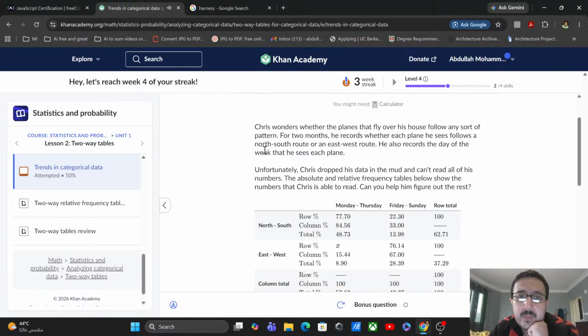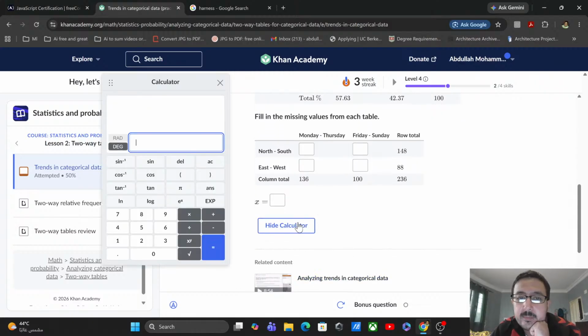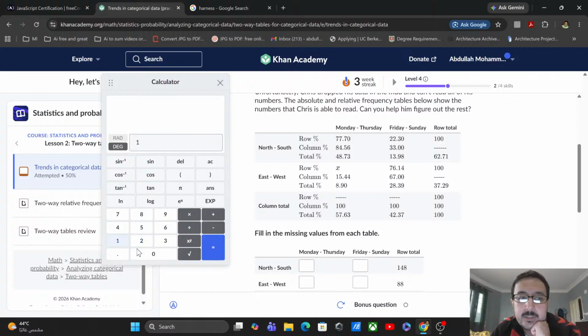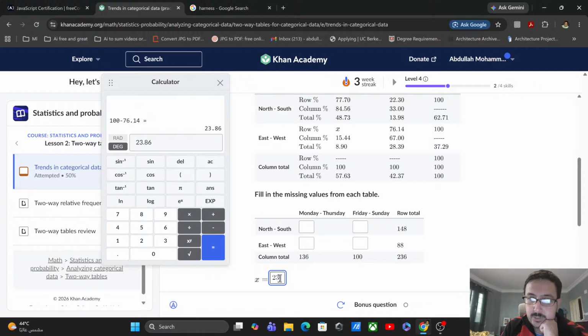Bonus question. That's because we got one wrong. Chris wonders whether the planes that fly route east. Okay. 100 minus 76.14 equals 23.86.